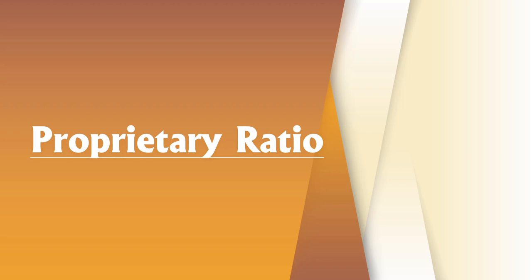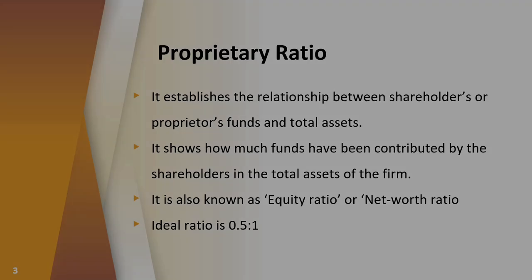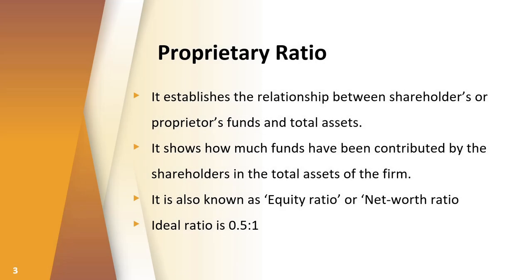The proprietary ratio establishes the relationship between the shareholders' funds or the proprietors' funds and the total assets, which means it shows how much fund has been invested by the shareholders in the total assets of the firm. It is also known as equity ratio or net worth ratio.